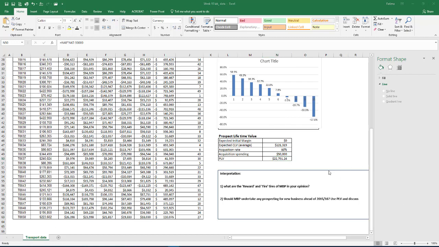So this is the PLV, the prospect lifetime value, and it's positive, as you can see.